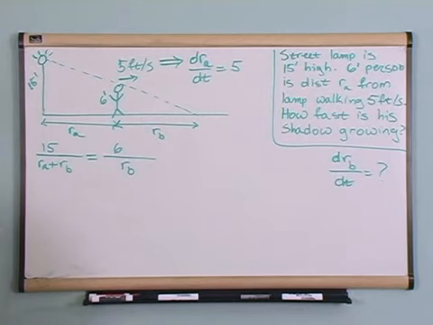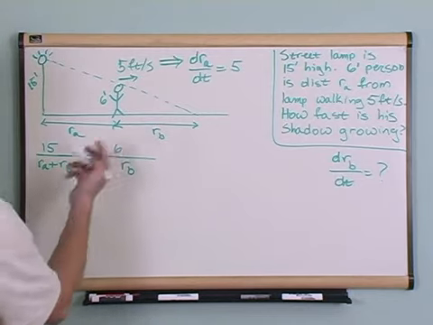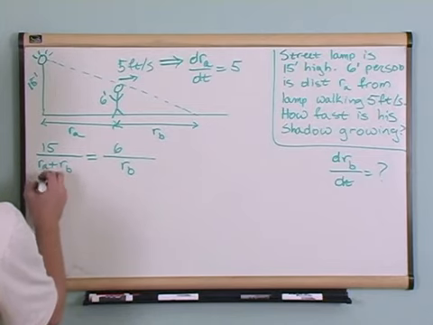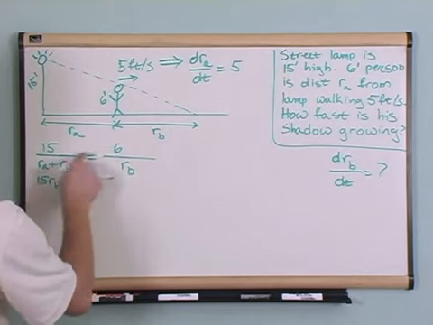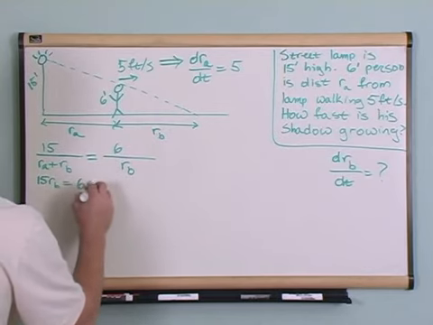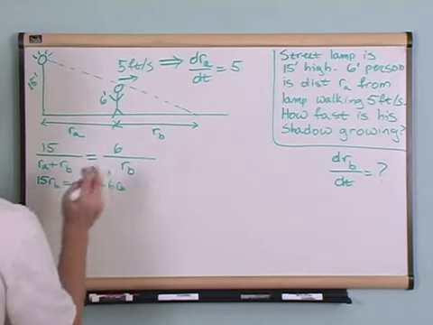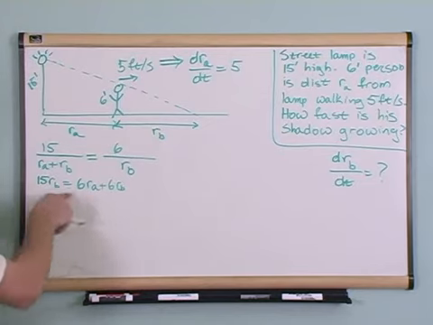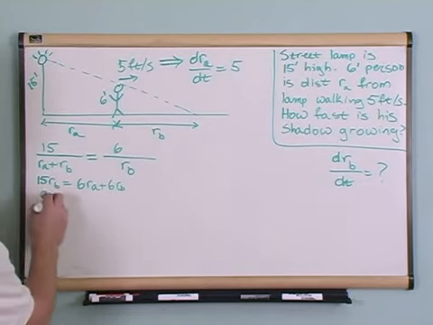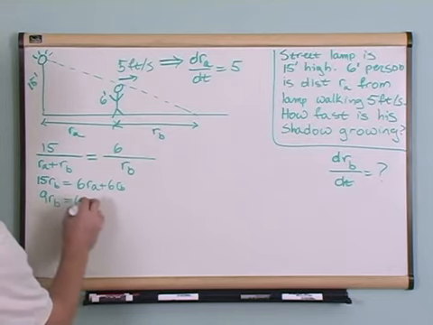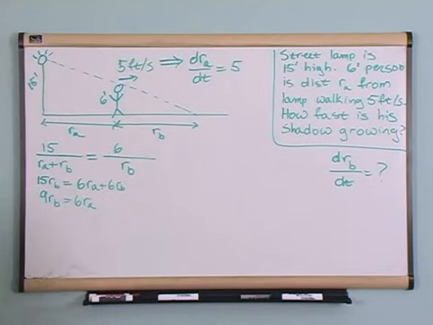So how do you go about doing this? You cross multiply. So you'll have 15 RB is equal to 6RA plus 6RB. So you can collect your RB terms here. What you'll have is 9RB is equal to 6RA. 15 minus 6 gives you 9.